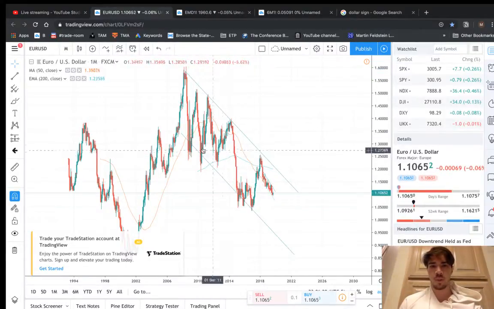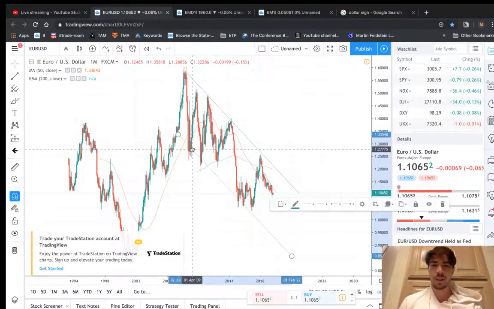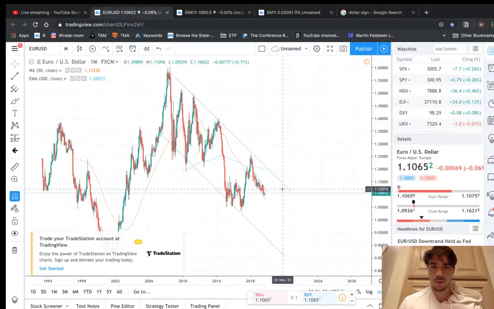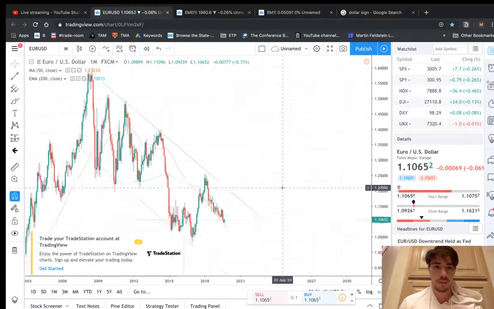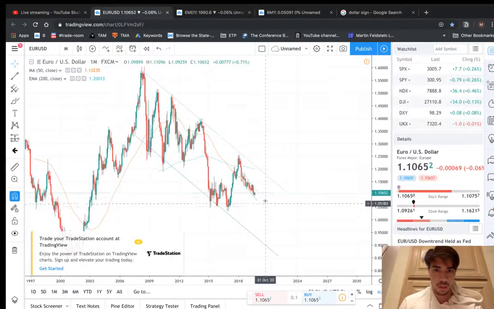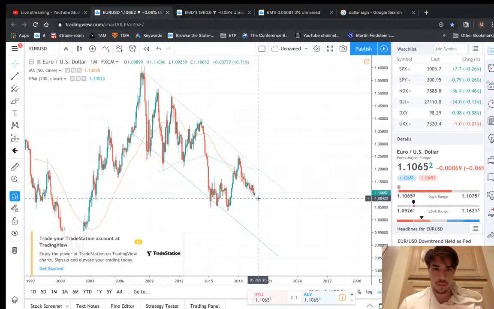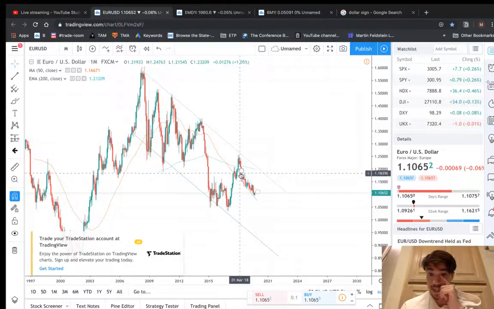Top line is super clean, and the bottom is about as good as you could hope for. There's an even smaller channel here locally, dating back through about last January, about the last 21 months.